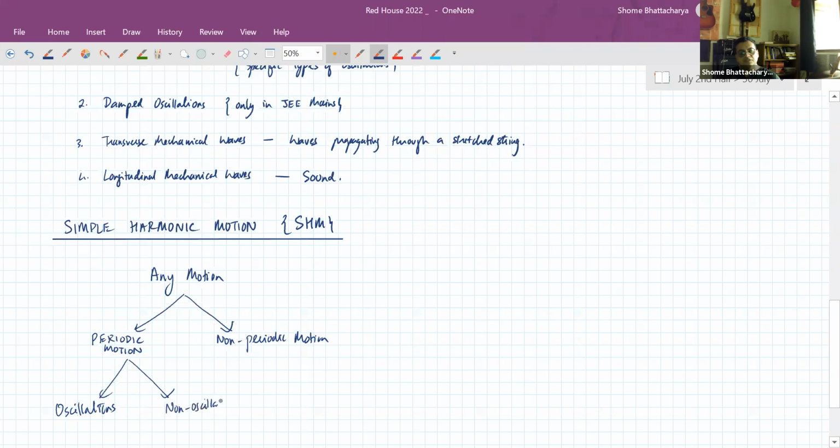This is where the definition starts to get a bit technical. We all understand what periodicity is. A periodic motion is a motion which repeats in cycles with a definite time period.